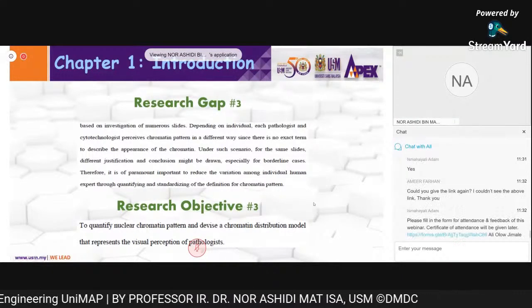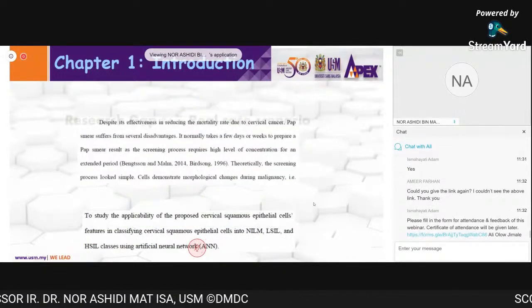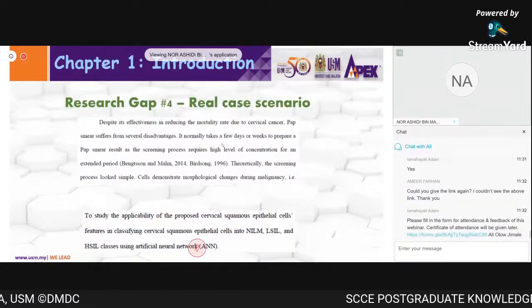Okay. And then the last one, this is research gap number 4.